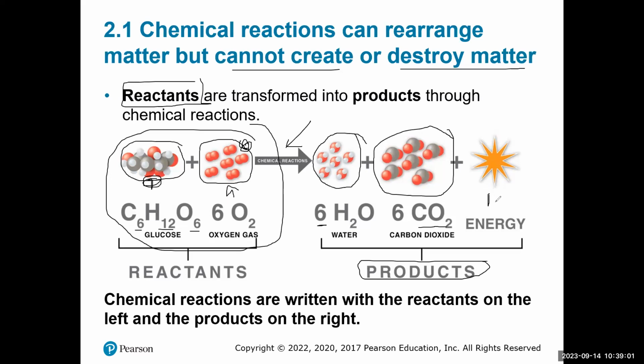The energy we get is in the form of a molecule called ATP. We'll talk about that later, but I just want to get you started on it. So reactants and products, and the arrow represents chemical reactions.